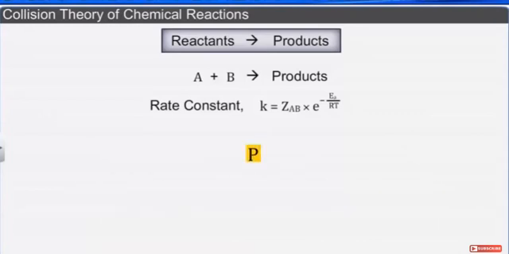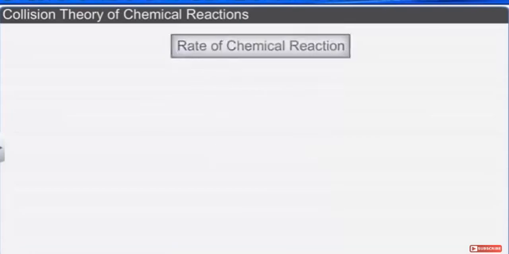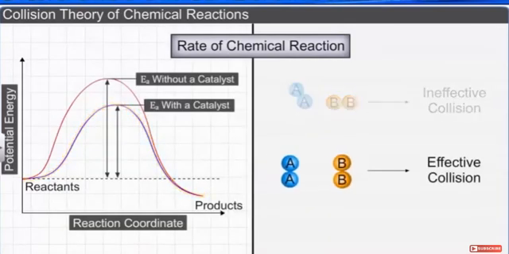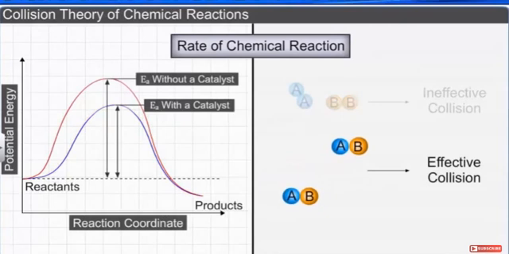Taking the steric factor into consideration, the Arrhenius equation can be modified to k = P × Z_AB × e^(−Ea/RT). Thus, in the collision theory, the activation energy and proper orientation of the molecules together determine the criteria for an effective collision, and, therefore, the rate of a chemical reaction.